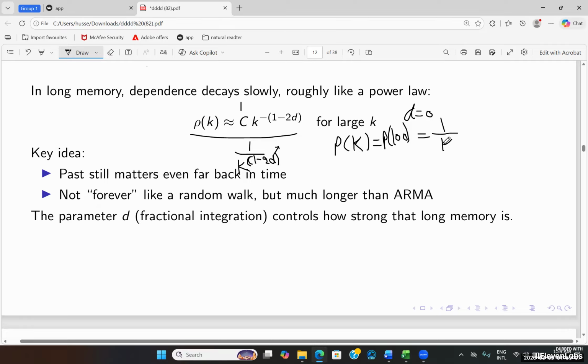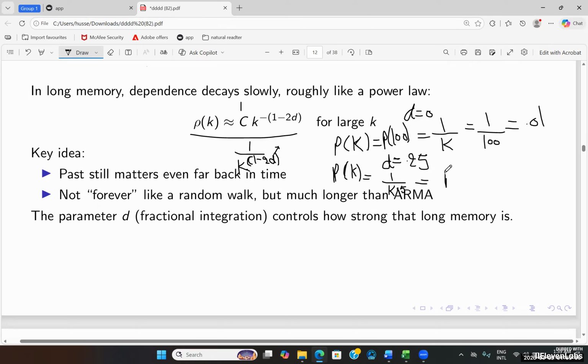However, if we were to set the partial difference parameter to a higher level, this adjustment should indicate a much slower rate of decay, or a higher degree of autocorrelation within our data. For instance, if d is equal to 0.25, then the equation will take the form of 1 divided by k, raised to the power of 0.5.